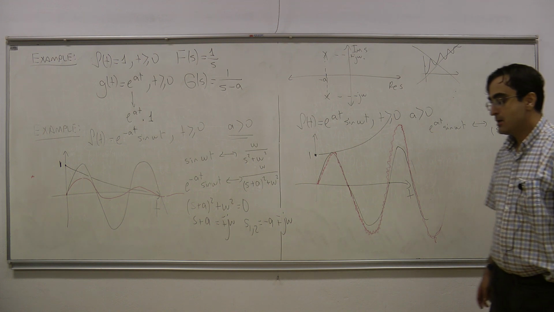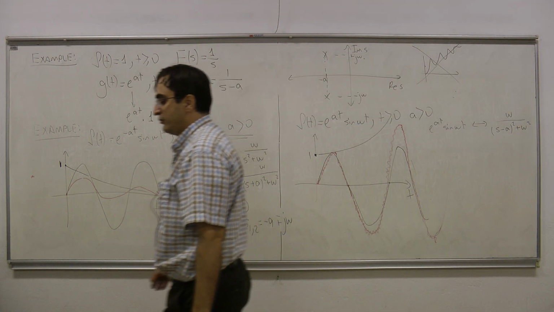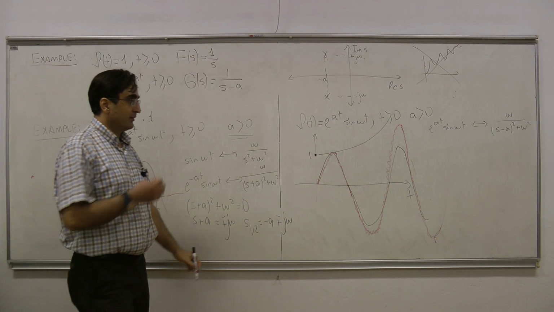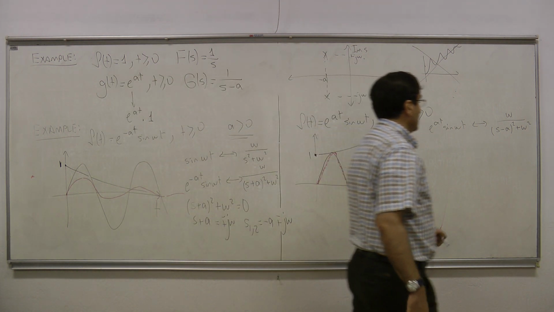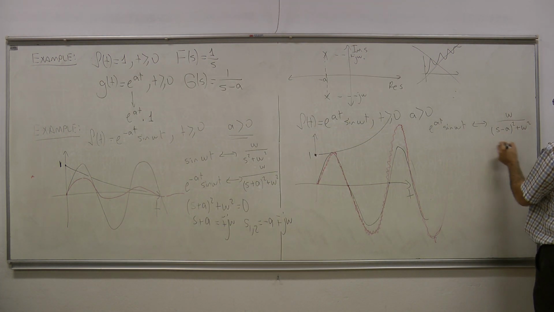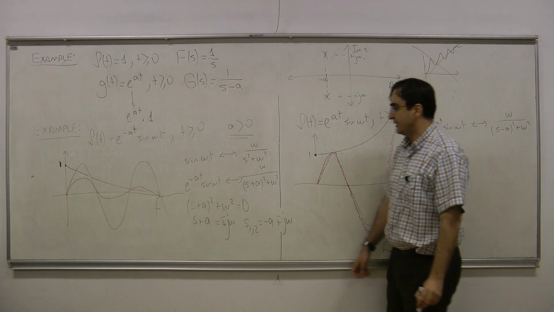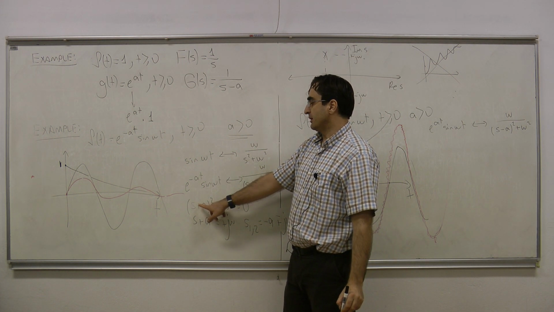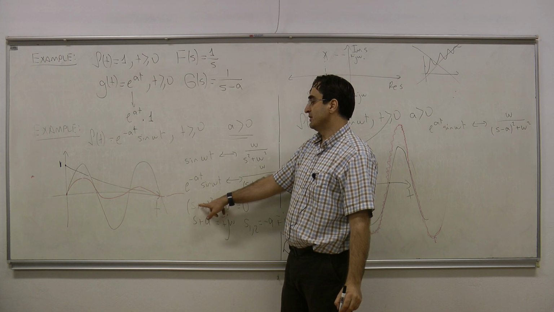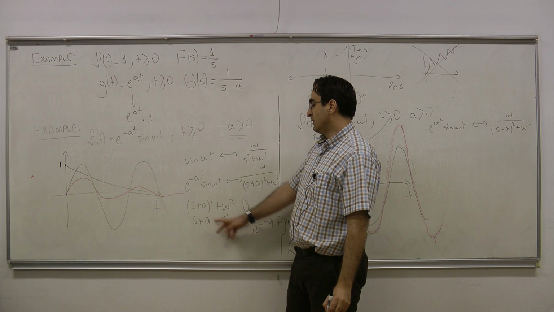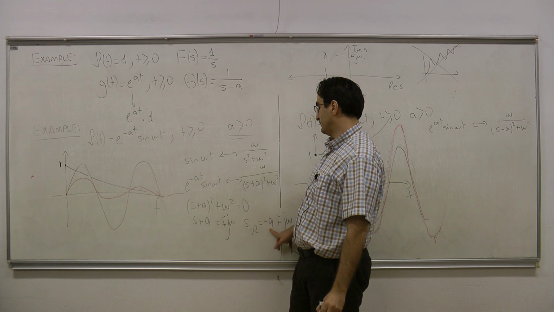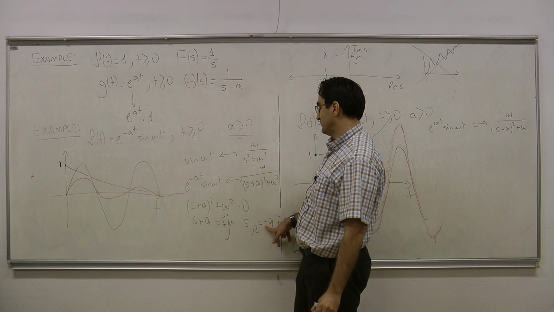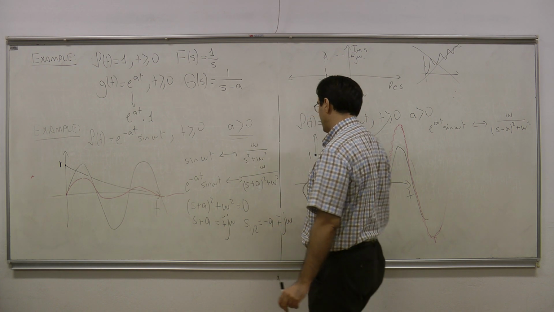Okay? Now, where are the pole locations of such a function? So here, if I equate the denominator to 0 and try to solve for s again, I will do the same thing. I will just have a minus sign here instead of a plus sign. Therefore, the result is going to be, instead of minus a plus minus j omega, the result will be a plus minus j omega.